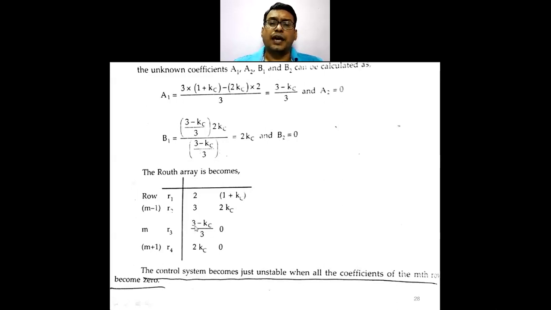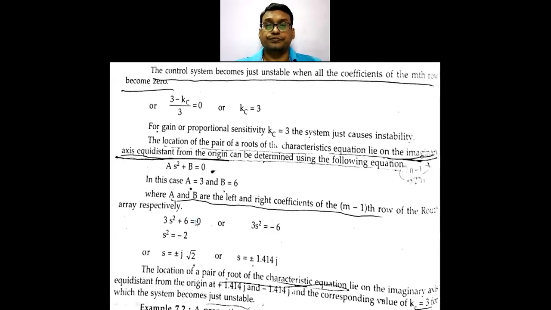Similarly, you have to calculate the B3 values, and substituting this A1, B1. The control system becomes just unstable when all the coefficients of the mth row become 0. So (3 minus Kc) upon 3 equals 0, so Kc equals 3.